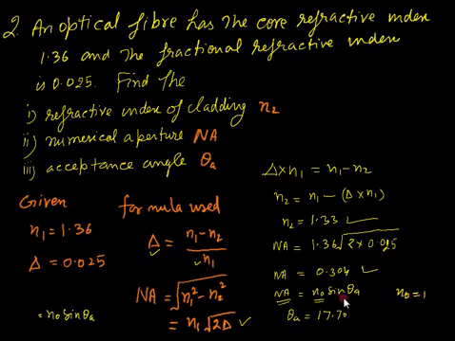If this optical fiber is in water, then N naught will be represented by NW, that is the refractive index of the water. Here one more thing, sin phi c is equal to N2 upon N1. N2 is equal to 1.33 divided by N1, that is 1.36.